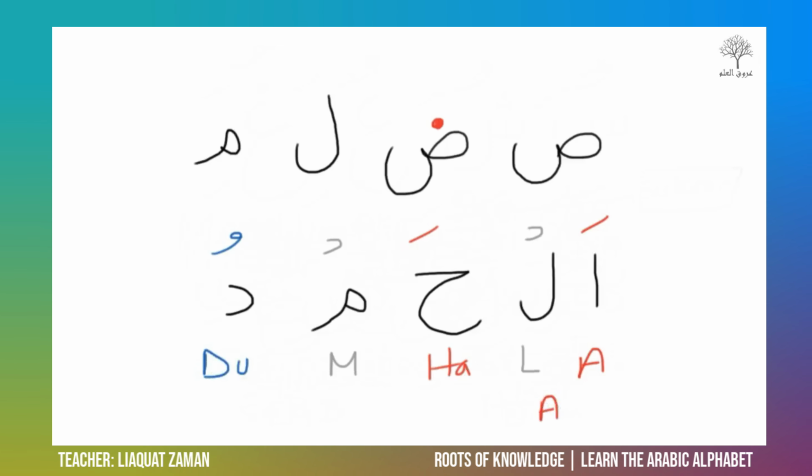Okay, so al, and then the ha and the m, ham, and finally do. So al, ham, do. Right, so now when it's written in the Quran, they won't be written as individual letters.